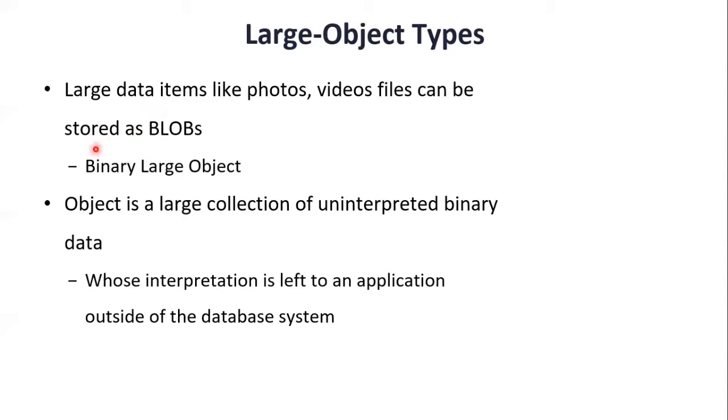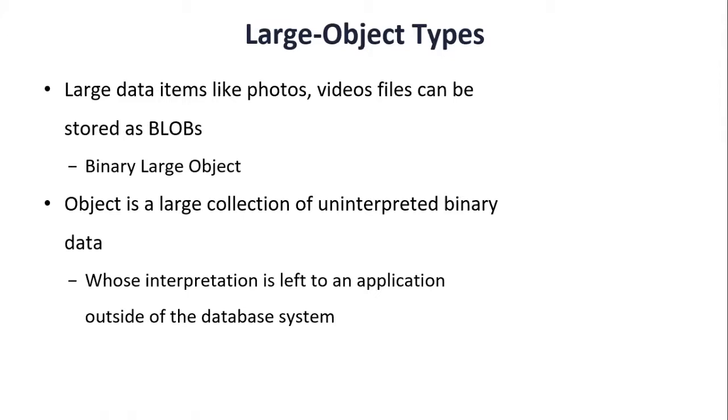So blob is basically a short form for binary large object, BLOB. An object is basically a large collection of uninterpreted binary data. What we mean by uninterpreted is that the interpretation of the data is left to an application outside of the database system.